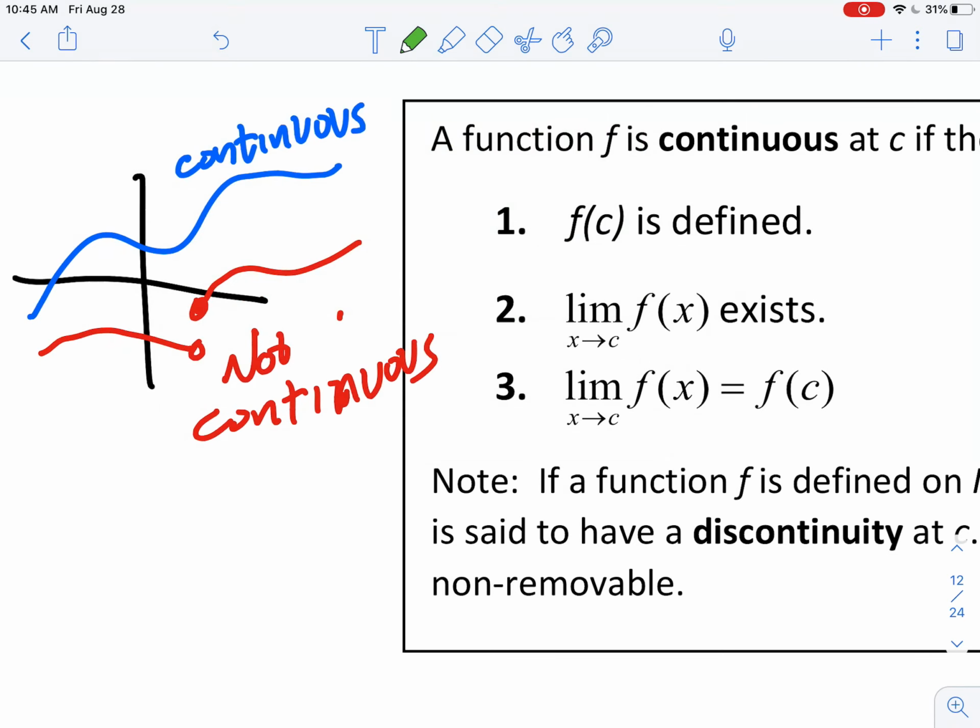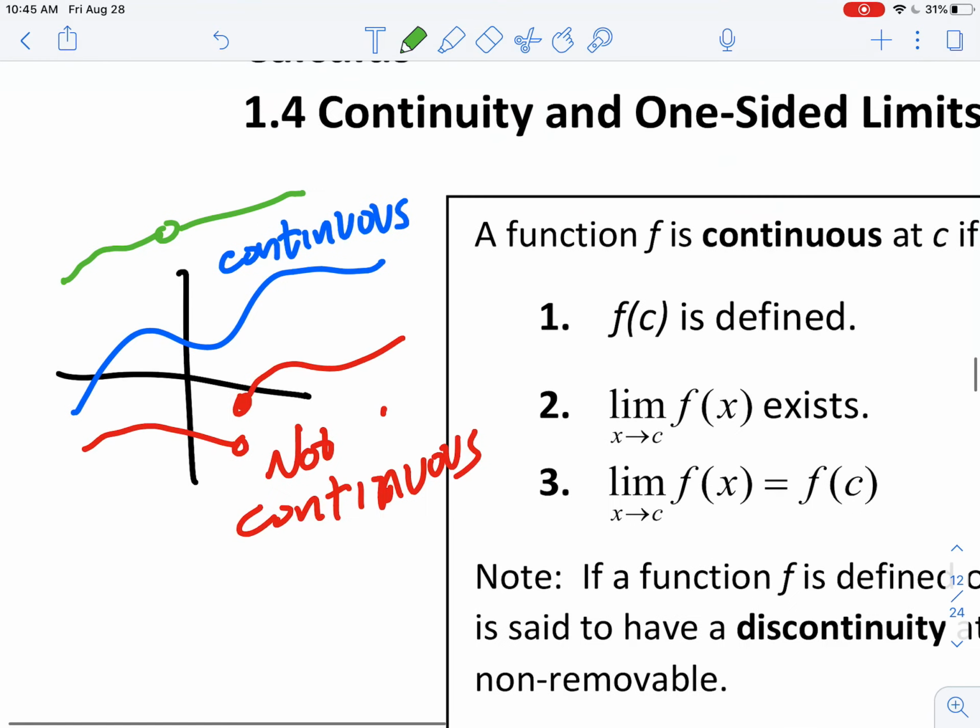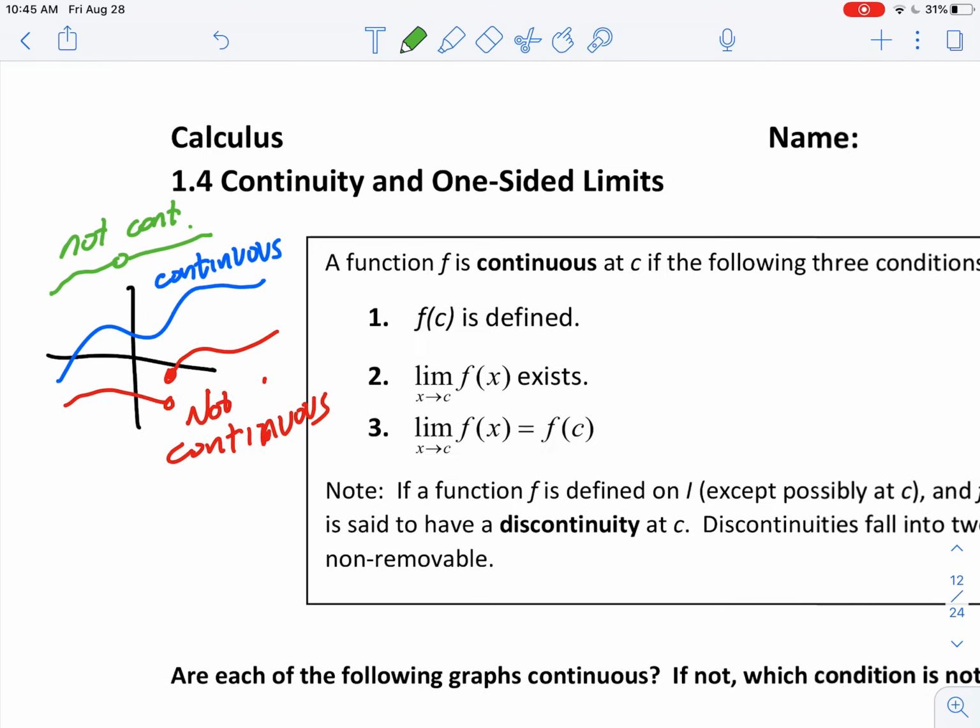Or it can also just be a graph with just a simple hole in it. Even if there's just a hole, I still have to pick up my pencil, so it's not continuous. So just in and of itself, looking at a graph, continuity is pretty basic.